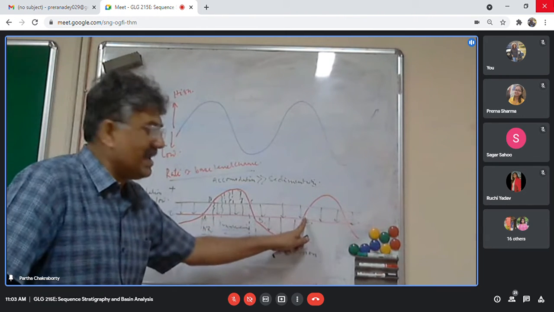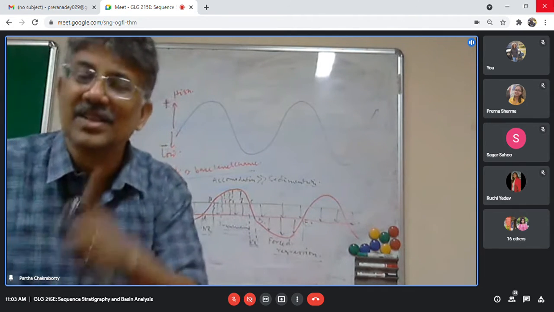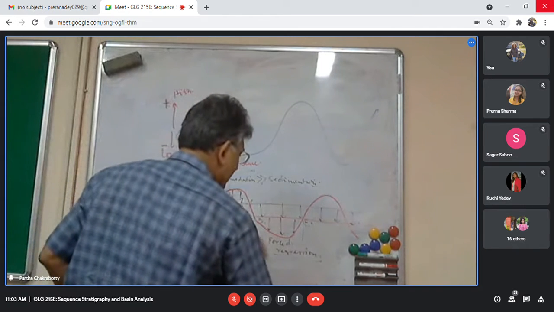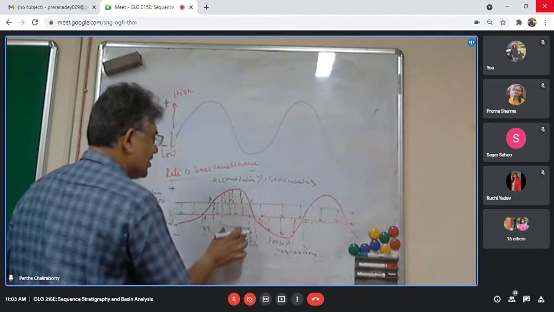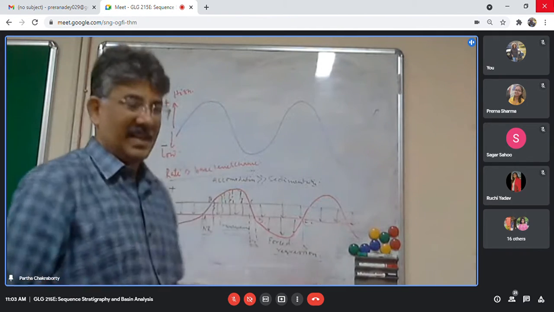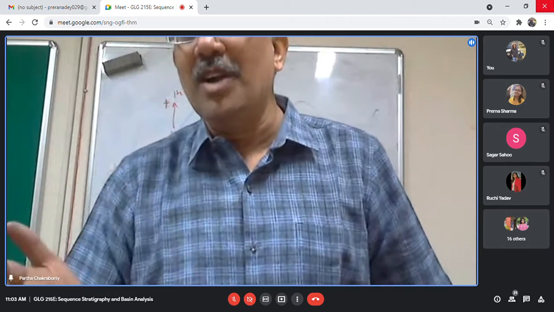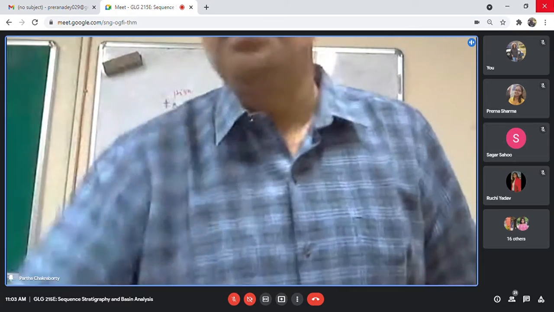In one cycle, the cycle is more biased towards regression than translation. If I divide the entire thing, you have a forced regression, normal regression, and only one place that is translation. So the products of regression in a stratigraphic record always overtake the products of transgression.